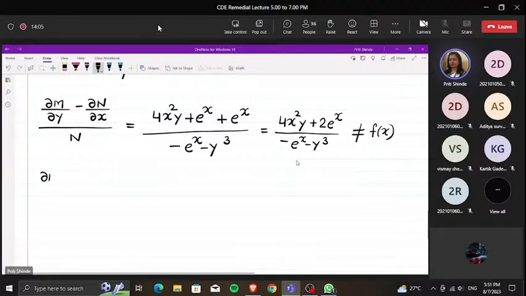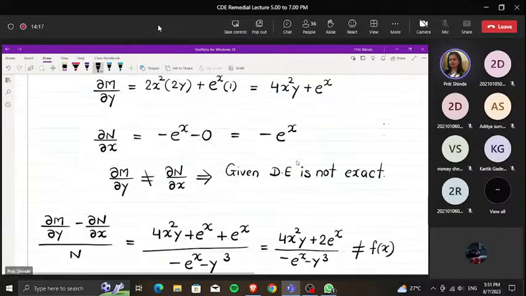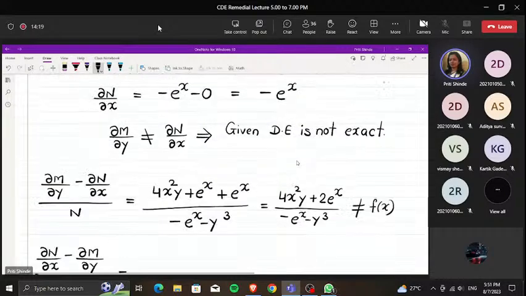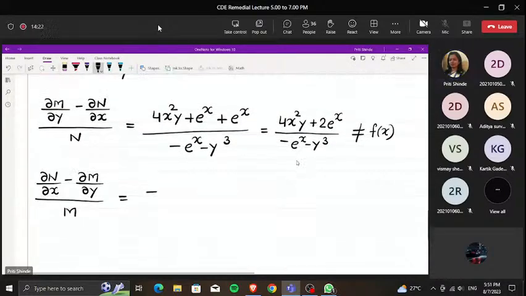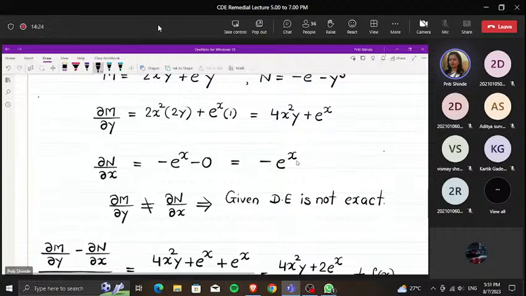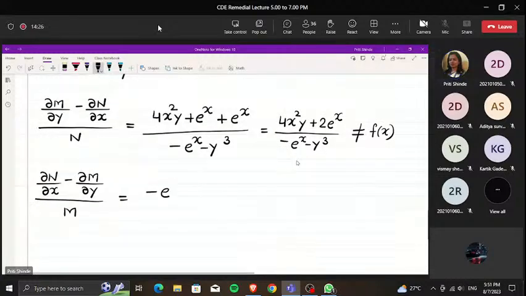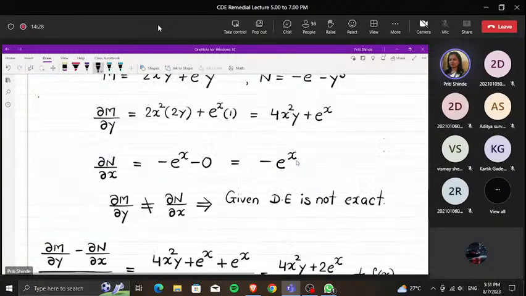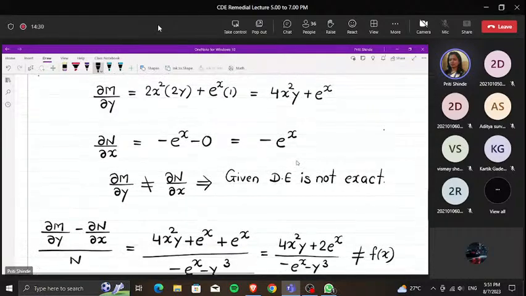So del n by del x minus del m by del y, divided by m. Find out this expression. What is del n by del x? Minus e raised to x. Del n by del x is only minus e raised to x. And del m by del y is 4x square y plus e raised to x.